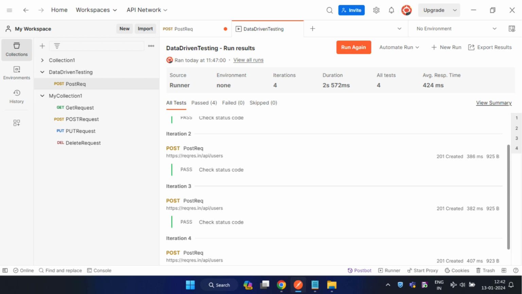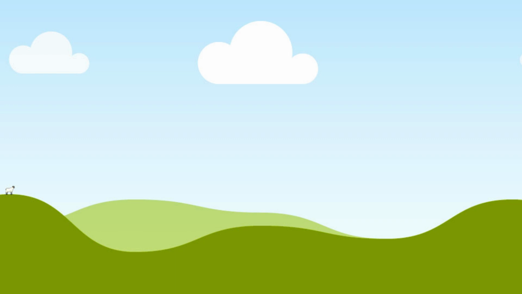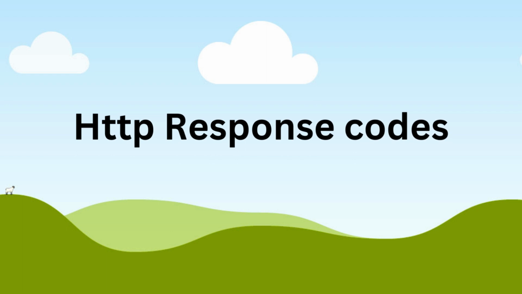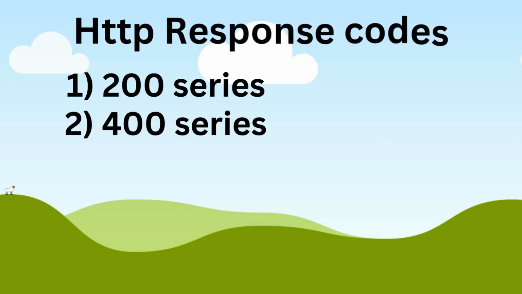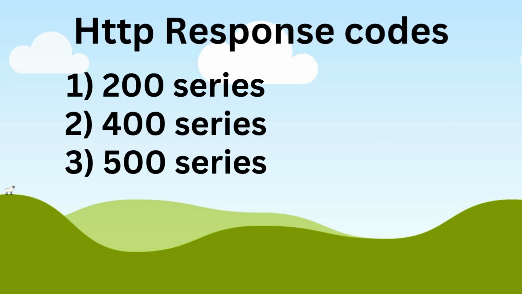Now, let's delve into some important HTTP response codes that API testers should be familiar with. Most of the time, responses fall into the 200 series, 400 series, or 500 series, and we'll discuss each one. The 200 series indicates a successful HTTP request, with codes like 200 for OK, or 201 for created.